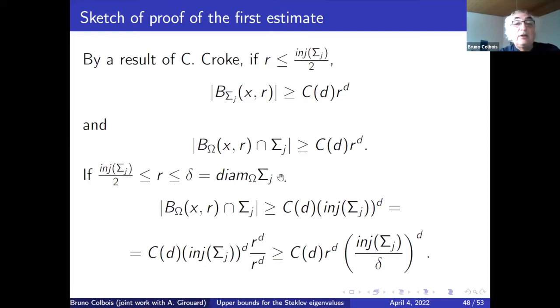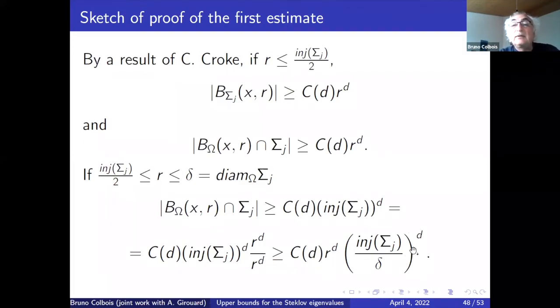So we have to say something for a ball of radius between the injectivity radius and delta. You just say that R is greater than the injectivity radius over 2, and so the volume is larger than another constant, C of d, times the injectivity radius to the power d. You can write this multiplying by R^d divided by R^d.